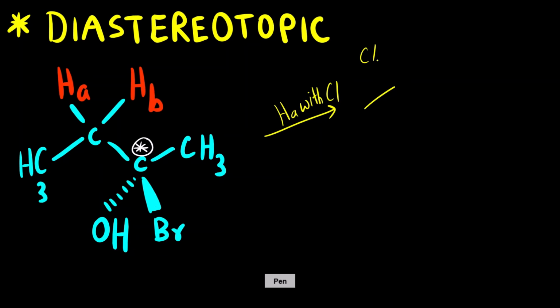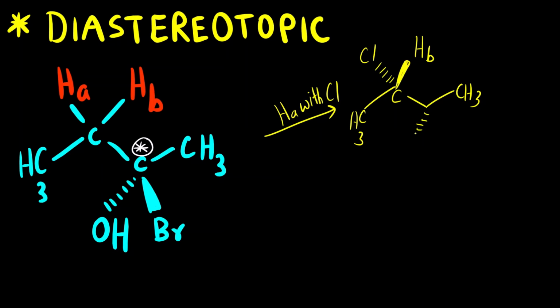Cl below the plane, and above the plane there is HB. CH3C, CH3, the other carbon will remain as it is, OH. Above the plane I have Br.